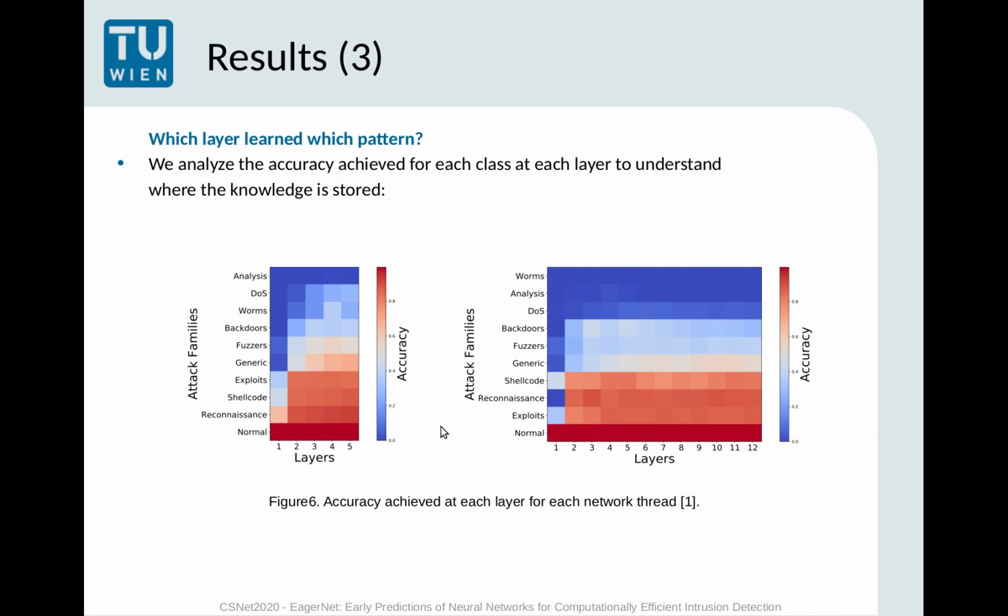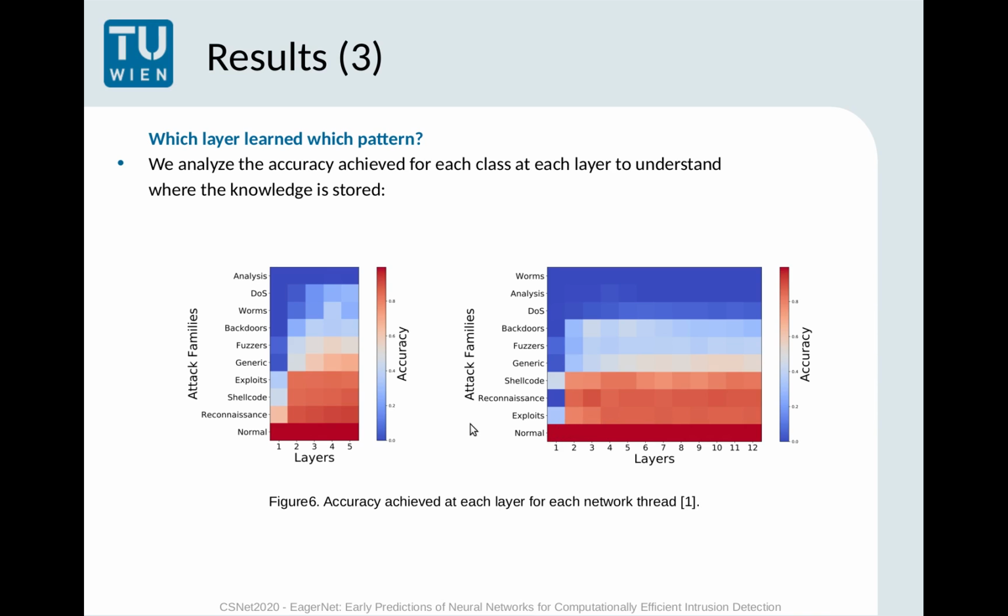And here we have the attack families that are present in our UNSW 2015 dataset. So we have, as you can see here, normal traffic and many other attacks, like 9 attacks. And interestingly, what we see here is that the more layers we use, the better our accuracy gets.